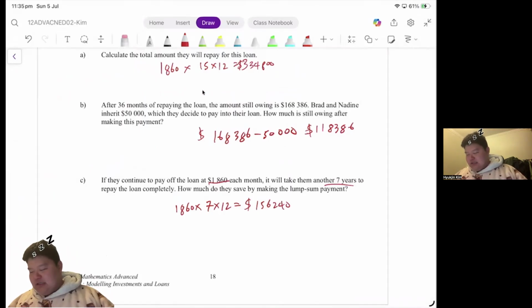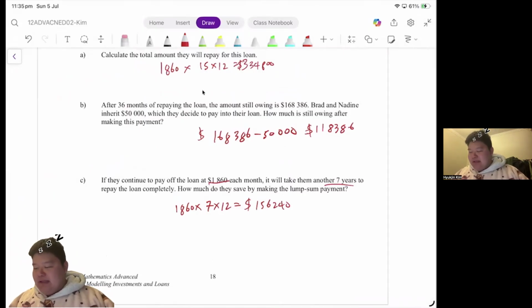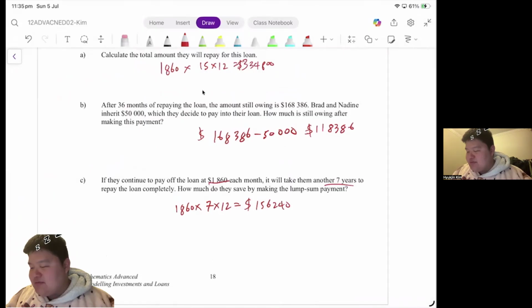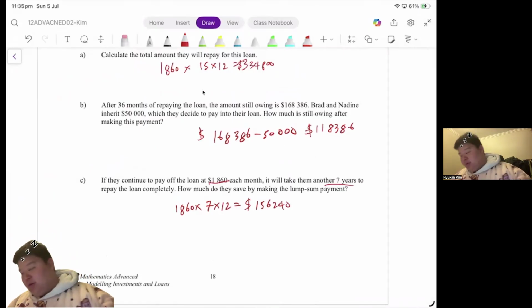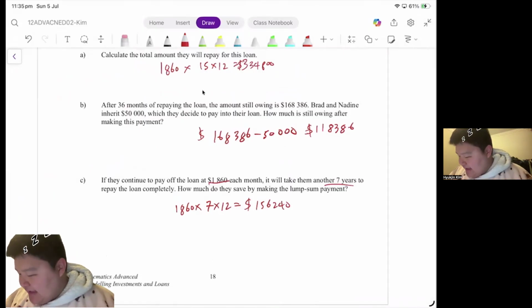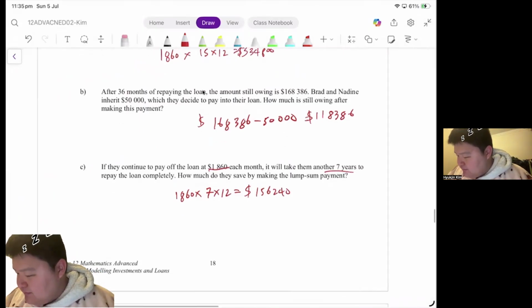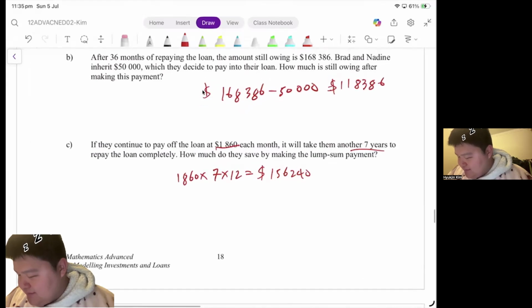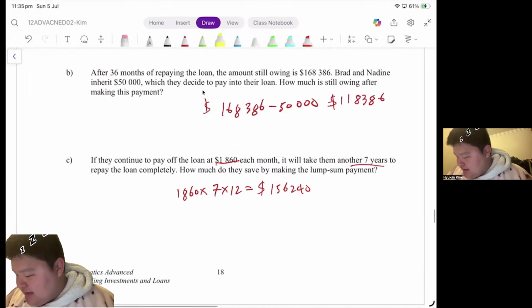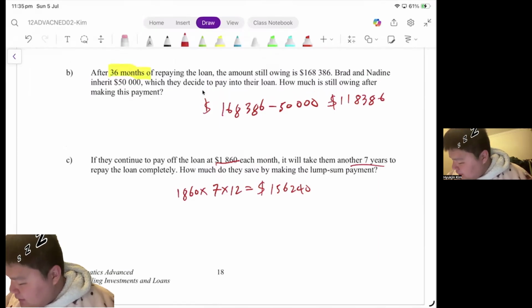This is not entirely enough, because we need to also remember that they have been paying for 36 months before that. So we also need to add, total repayment is 36 times 1860 plus 156,240.